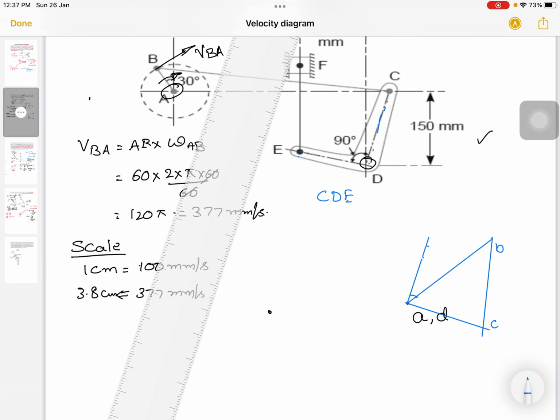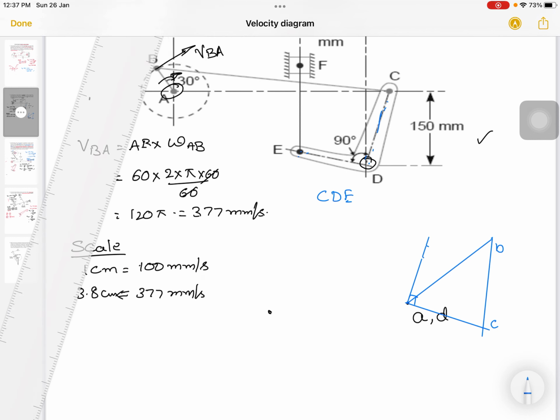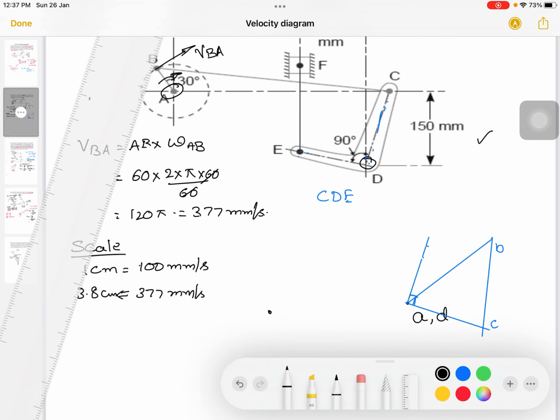This is 90 degrees, because it is the same link and CD and DE are at 90 degrees to each other. Now what is the DE distance? You have to calculate it from the ratios.